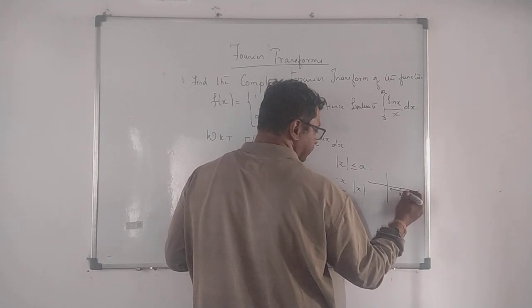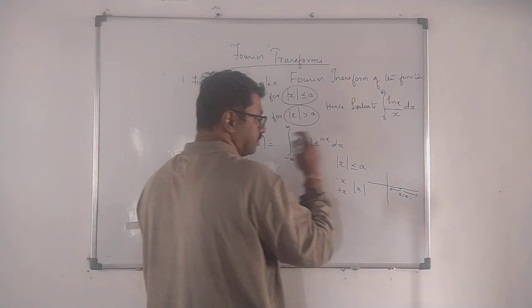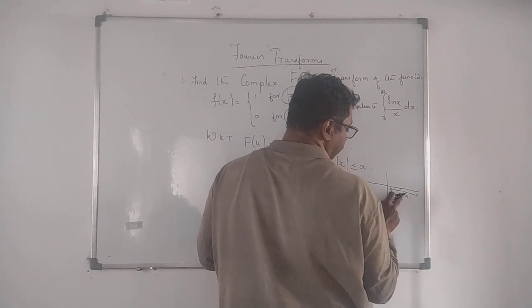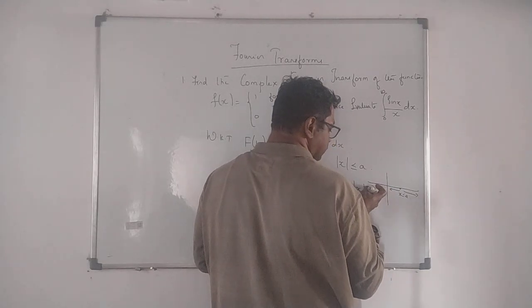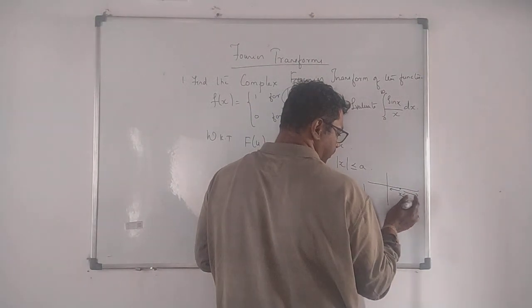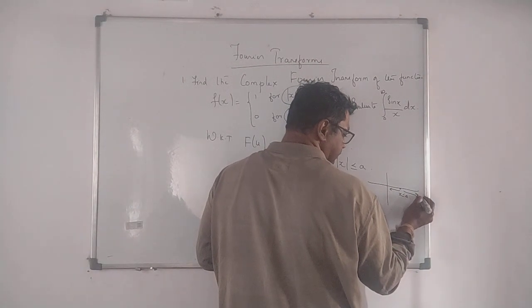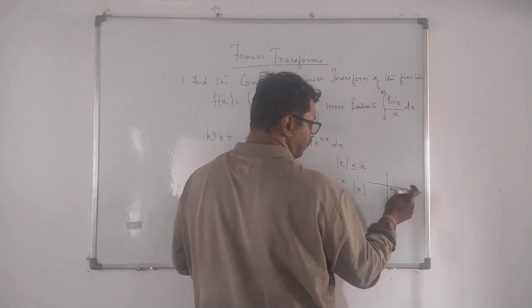For x greater than a, that is this one, mod x means it can be on the positive x-axis or the negative x-axis, but mod x means always positive. Take this side, x is greater than 0.